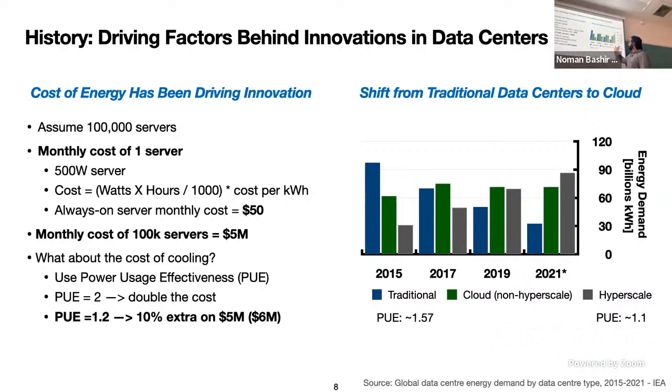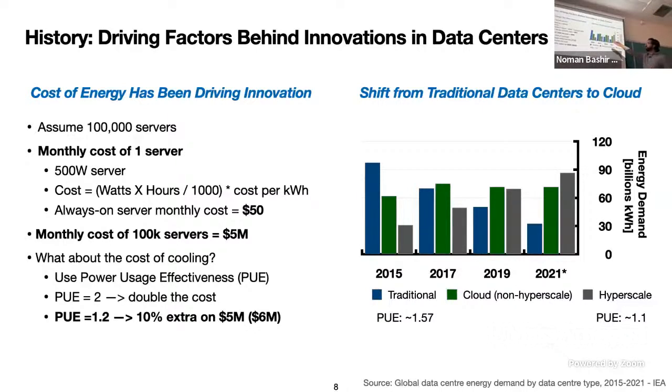Then when these massive data centers became available through these public cloud platforms, a lot of that workload shifted to these hyperscale data centers, and that shift continues to happen.